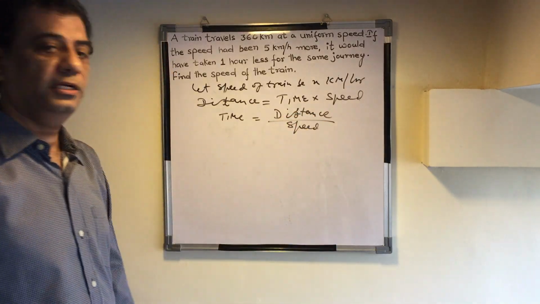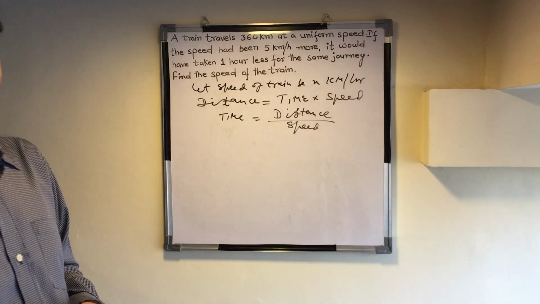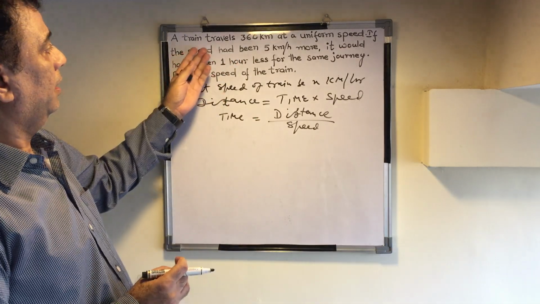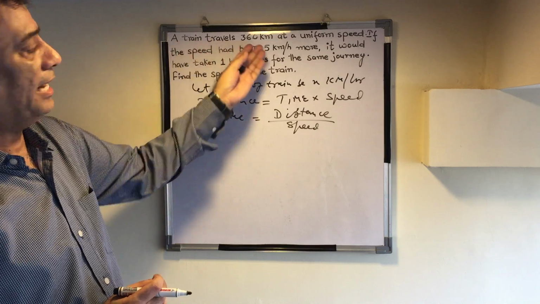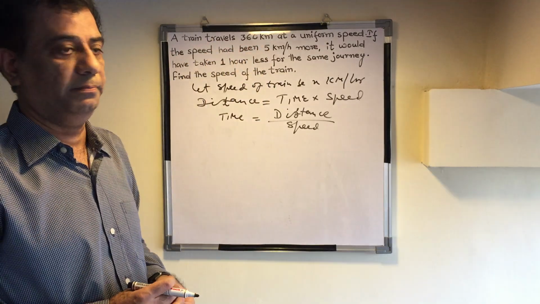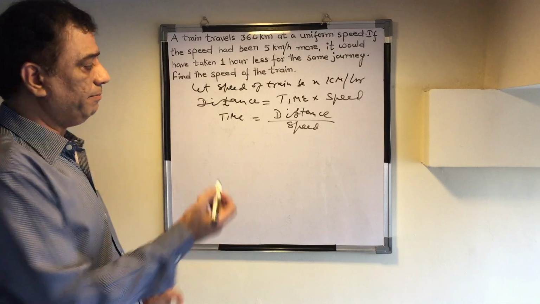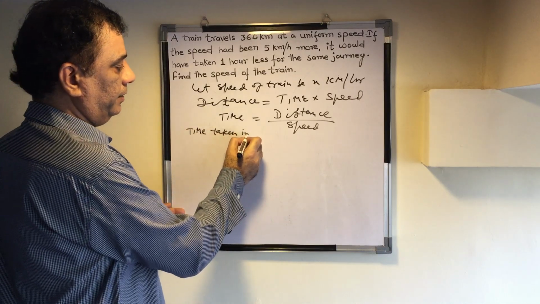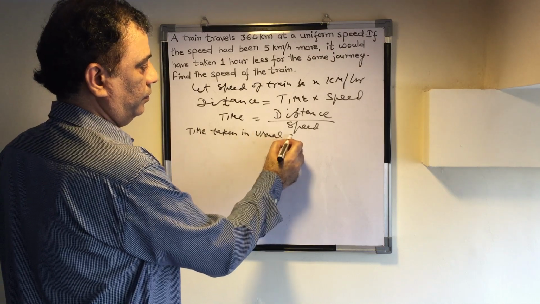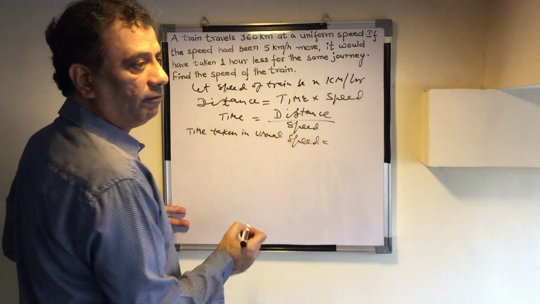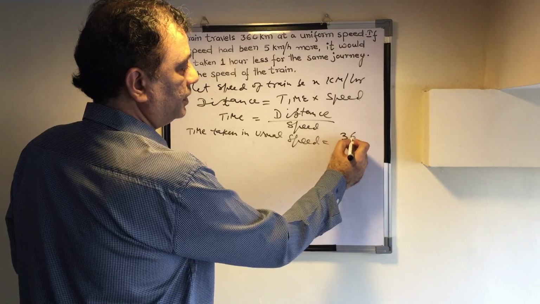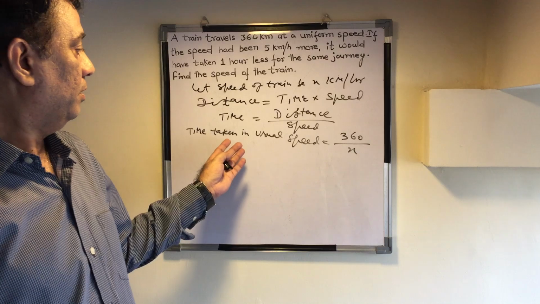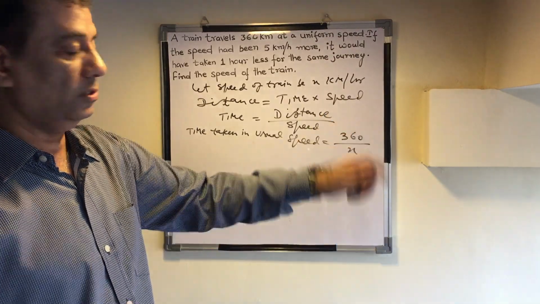Now, in this question, the train travels a distance of 360 km. So the time taken in usual speed will be distance upon speed. This is the time taken by the train in usual speed.